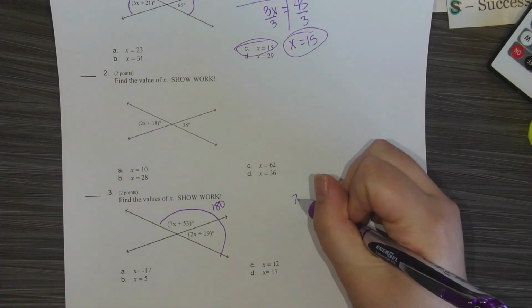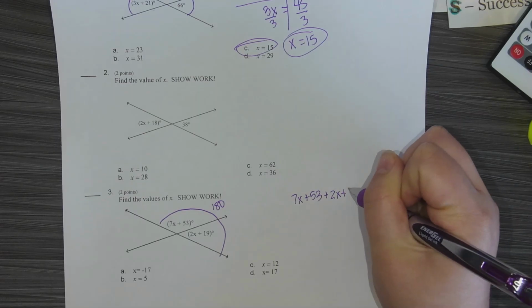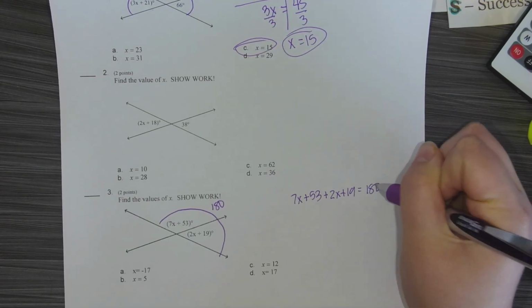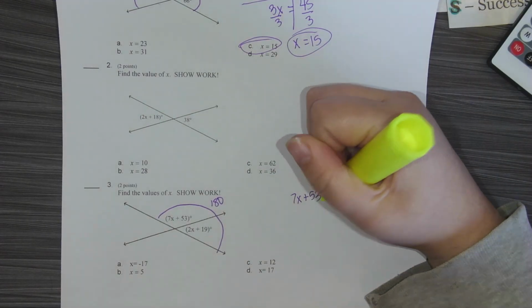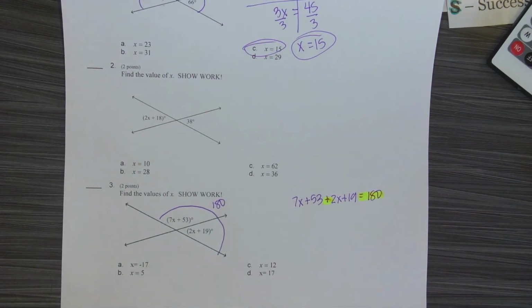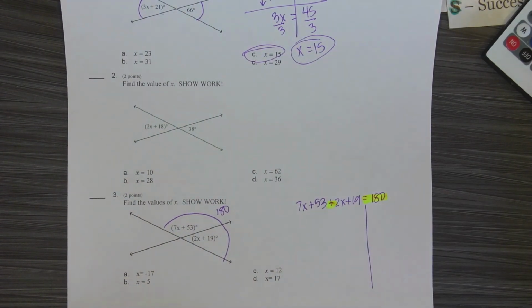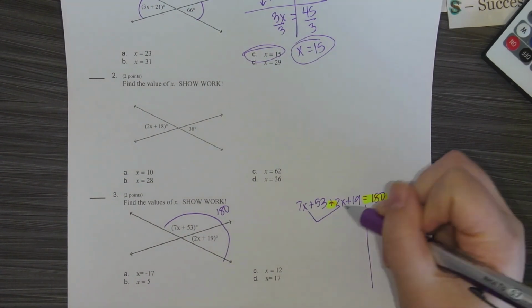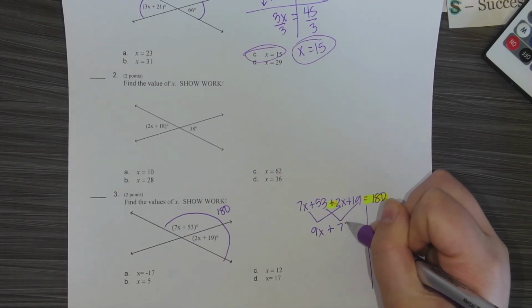So I'm going to go ahead and add those up, and make it equal to 180. Since we're just solving for x, I don't need to do any other extra steps besides this. So I'm going to combine like terms. This is 9x, and this is 72.